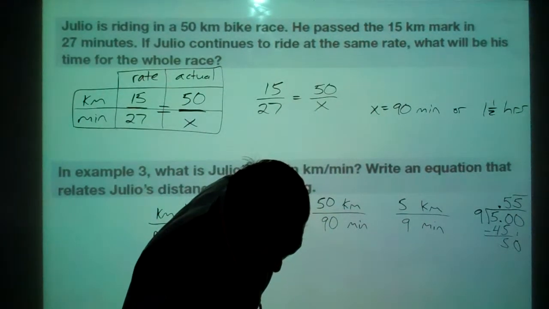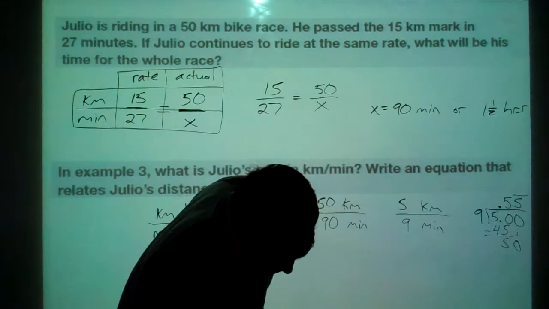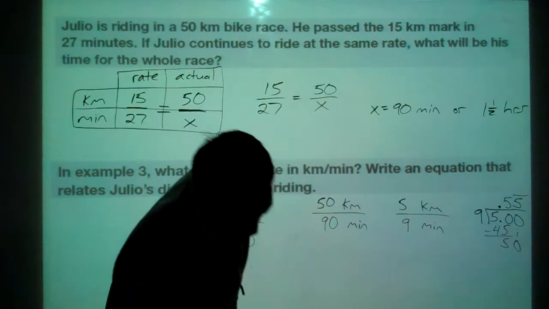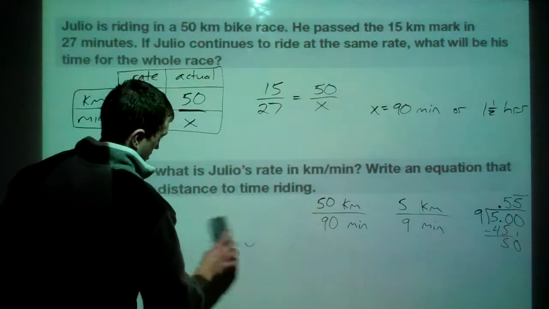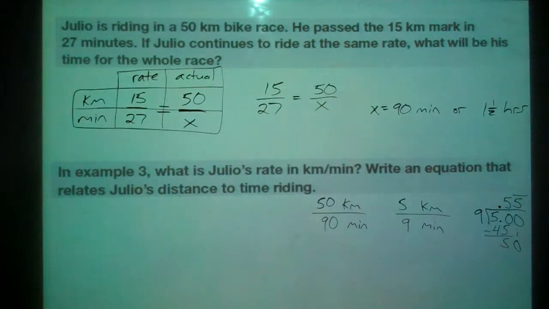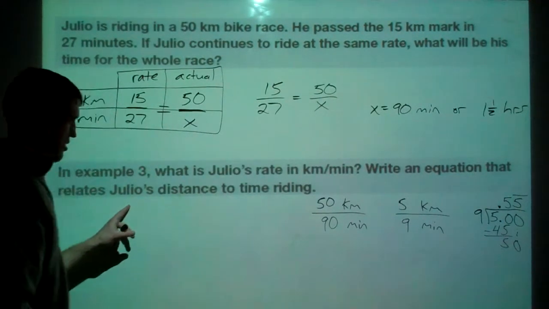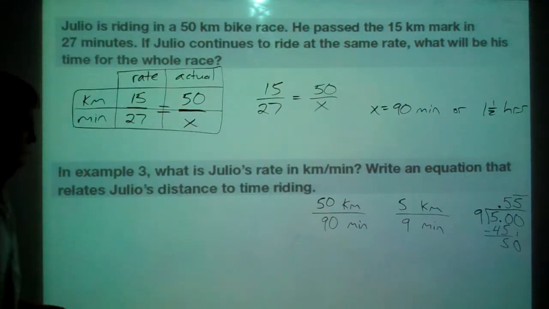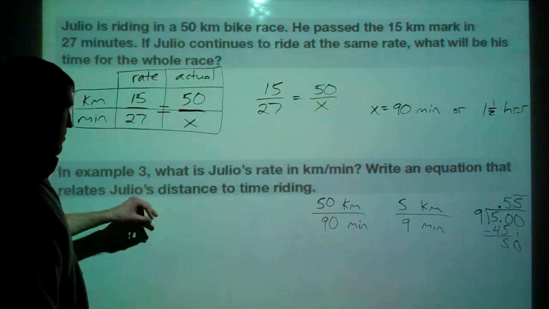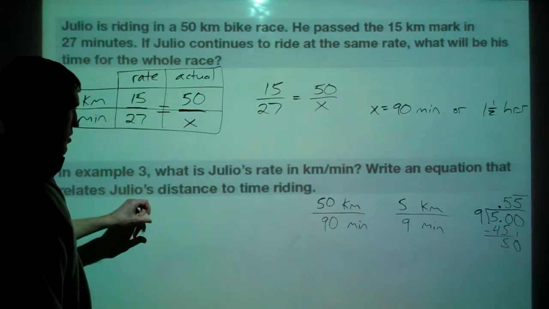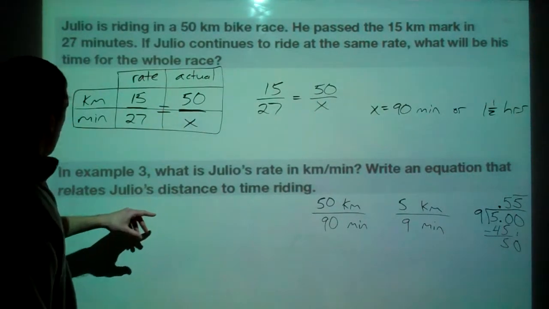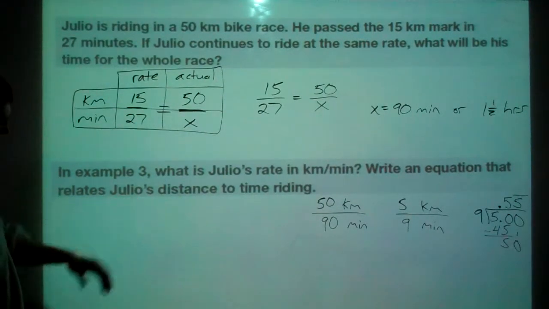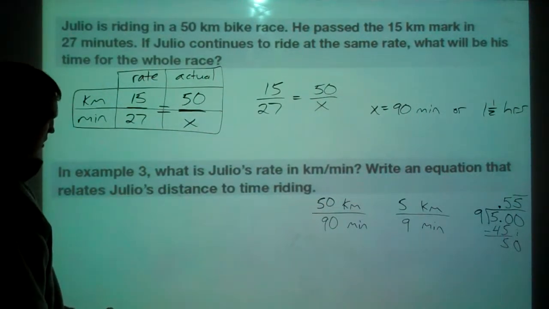Let's see if they did that the same way. Looks like they did. And, oh, our equation that we can write is... Equation that relates Julio's distance to time riding. Okay.